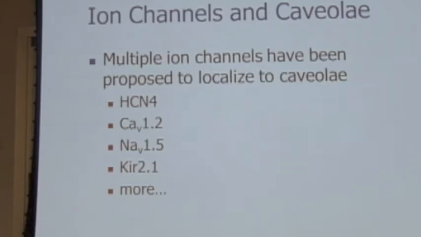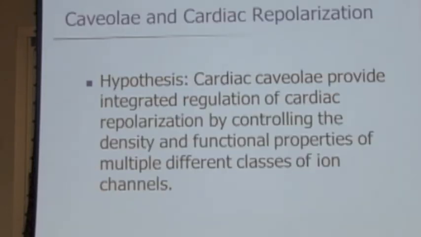And part of the reason we did that is because not only is the L-type calcium channel suggested to be localized to caveolae, at least a fraction of those channels, but a number of other channels, such as a pacemaker channel, a sodium channel, Kir 2.1, and the list goes on with varying degrees of evidence.